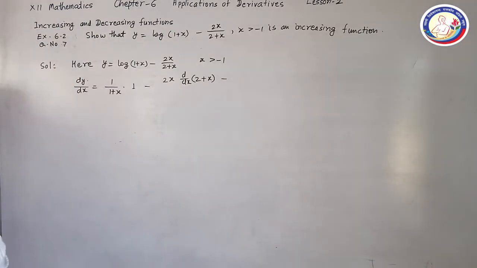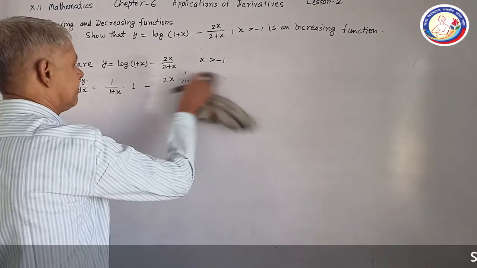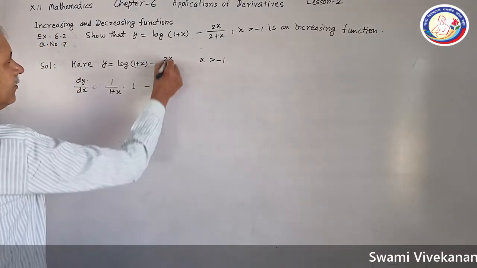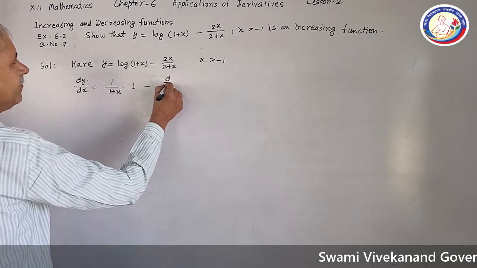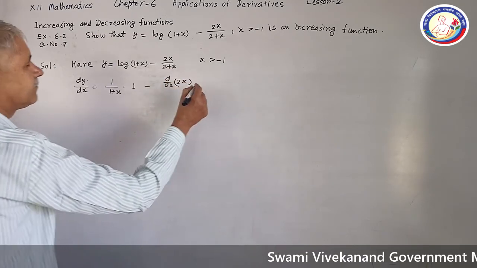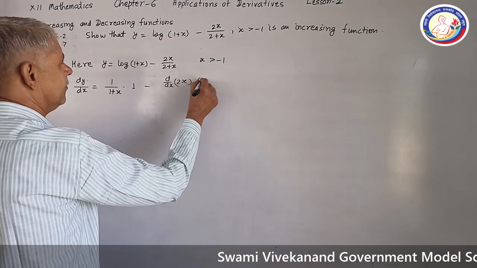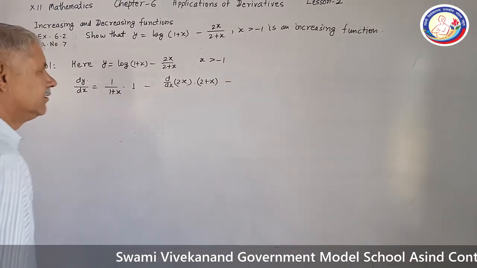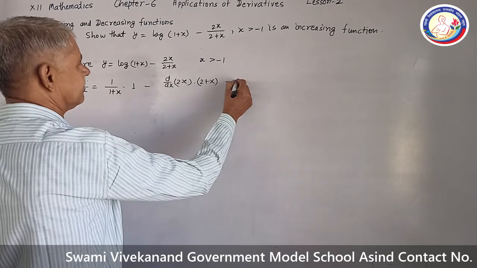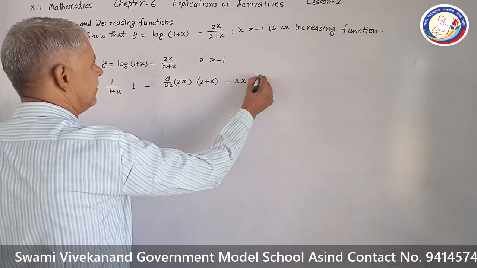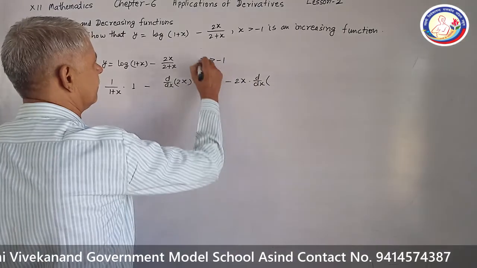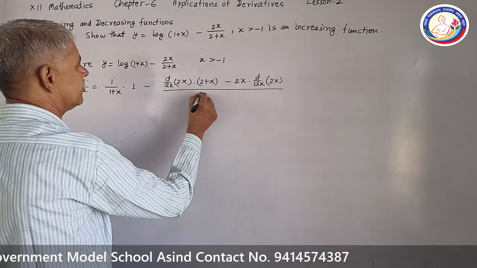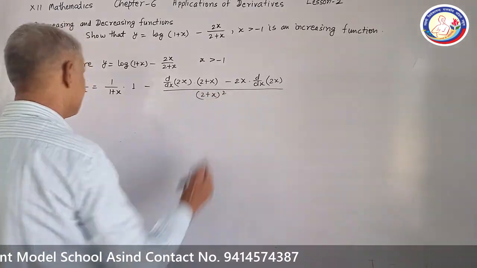keep the second function as it is and the derivative of the first, the derivative of 2x, into 2 + x, minus, keep the first function as it is, that is 2x, and the derivative of 2x upon the square of this, (2 + x) whole square.